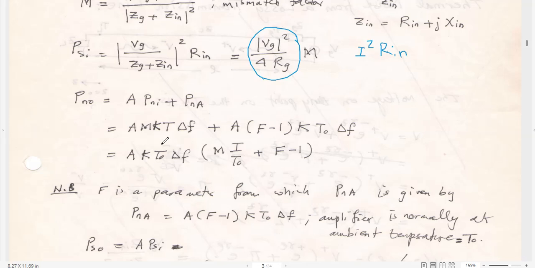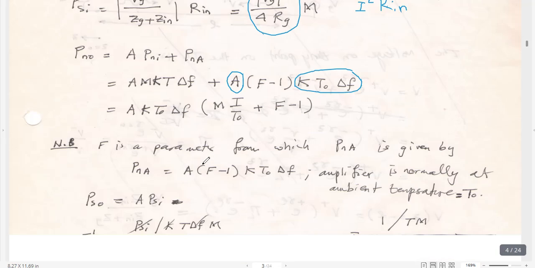If we take A K T naught delta F as a common factor, this is the noise referred to the output. Here we will have F minus 1, and if you divide this by this, A will cancel with A, K with K, and delta F, but we have here T over T naught, and we will have M here. So this is the noise output power.